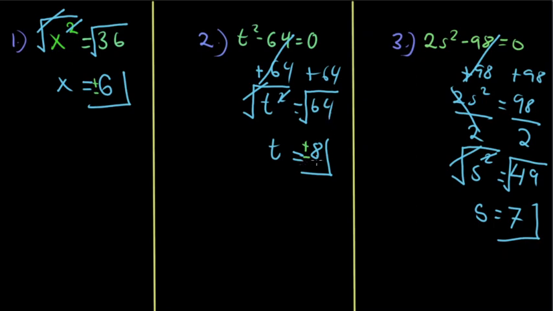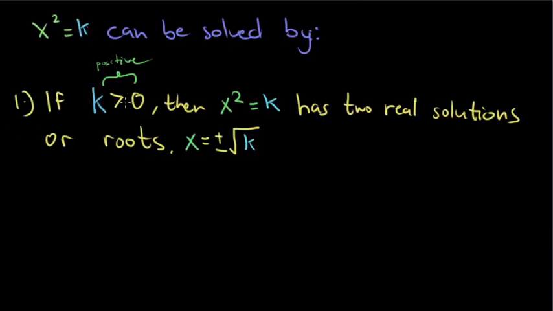In the same way, negative 8 times negative 8 is also 64. Maging kay square root of 49. 7 times 7 is 49. In the same way, negative 7 times negative 7 is also 49. So yun yung sinasabi sa atin ng unang property. That if k is positive, then your quadratic equation has two real solutions or roots. Isang positive and isang negative.